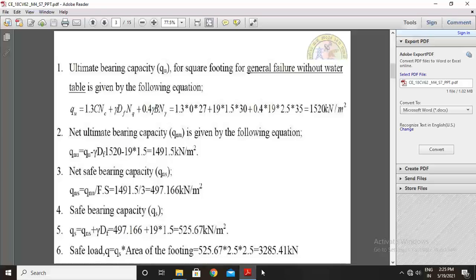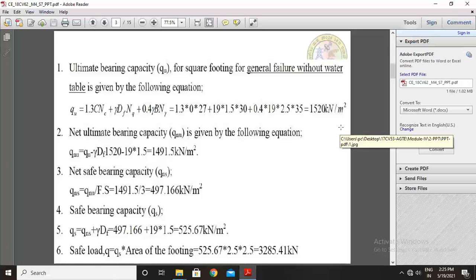Here 1.3 times c is 0, Nc is 27, plus gamma is 19, Df is 1.5, Nq is 30, plus 0.4 times gamma is 19, B is 2.5 meter, N gamma is 35. So the answer we are getting is 1520 kilonewton per meter square. This is the ultimate bearing capacity.